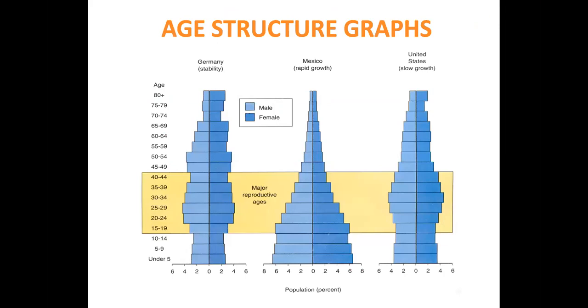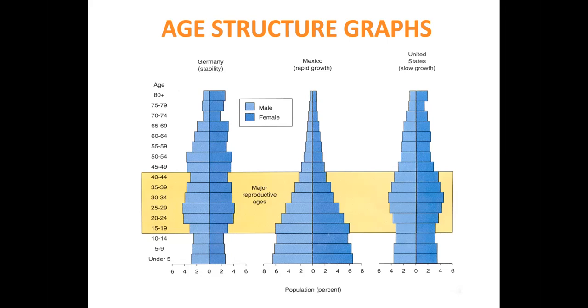Yes? Okay. So up here, this one is Germany, Mexico, and the United States. If you were to look at these different graphs, this one is most stable. This one has a rapid growth because what did we say about the base? What did we say on the previous slide about the base?